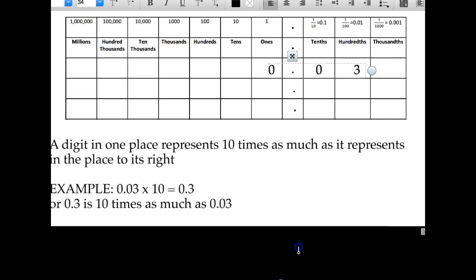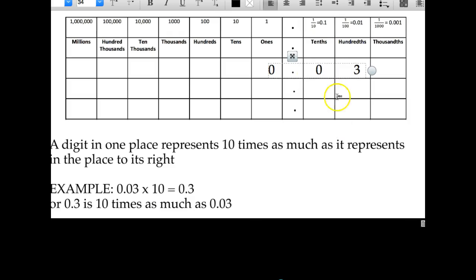We can look at some examples of this. If I were to multiply 3 hundredths times 10, it would actually get bigger. So if I say, what's 3 hundredths times 10, I would make it larger and it would become 3 tenths. Now we see the decimal moving, but what's actually happening is it's moving up in the place value chart.